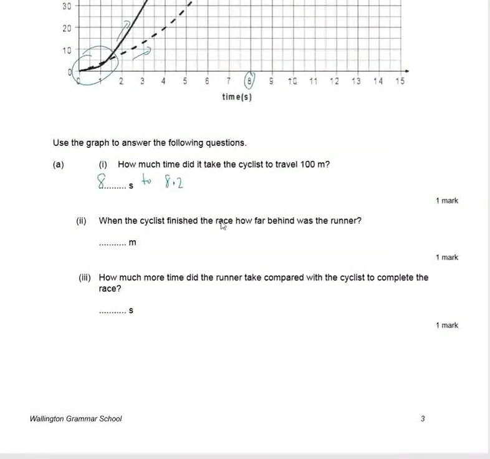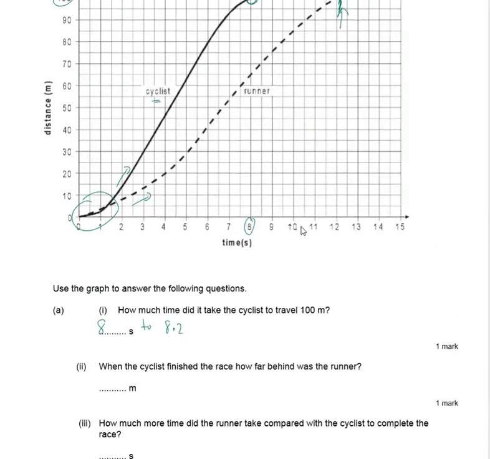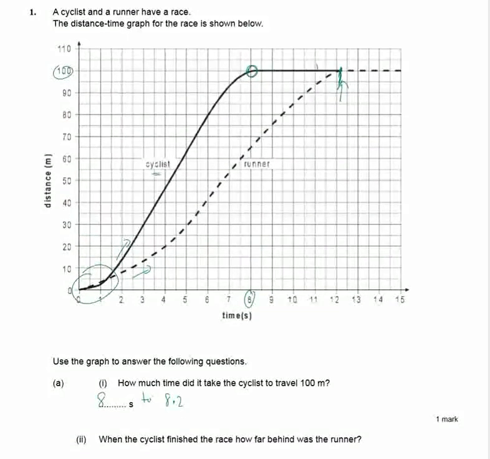Now, when the cyclist finished the race, how far behind was the runner? Just delete everything of this, we don't need it. At this point, that's when the cyclist finished the race. However, the runner is here at point X. As you can see, the runner is way behind him.